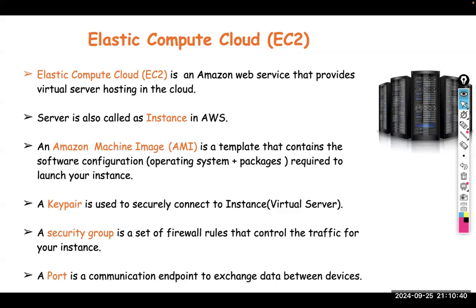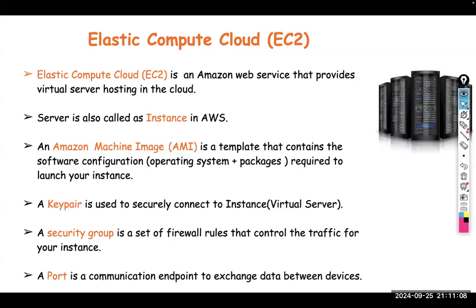Port. A port is a communication endpoint to exchange data between devices. We have plenty of ports, port number 0 to port number 65,535. Like port 0, 1, 2, 3, 4, 5, 6, and so on, 65,000 ports we have. Each port has a specific purpose. If you want to access a Linux machine, you need to open port 22.